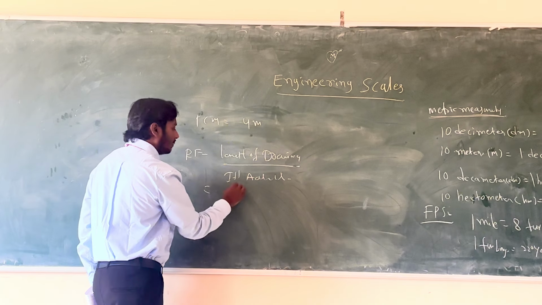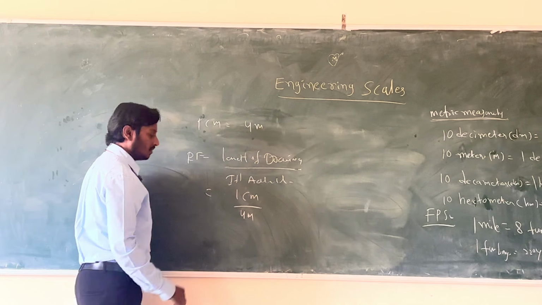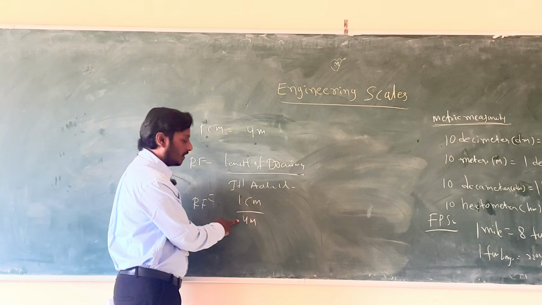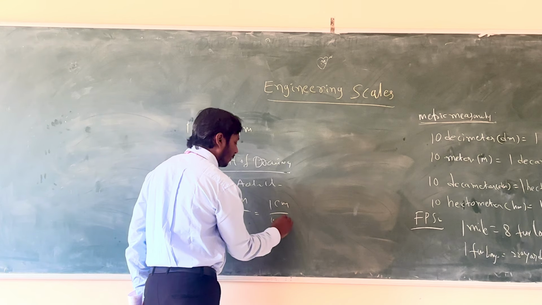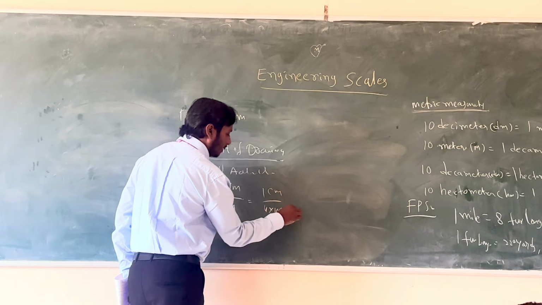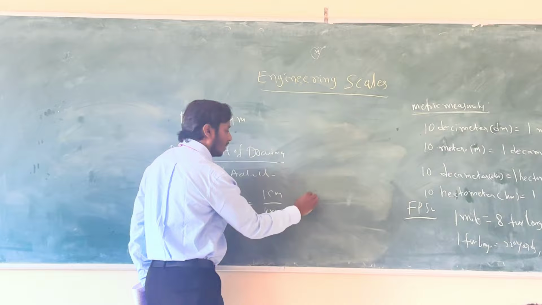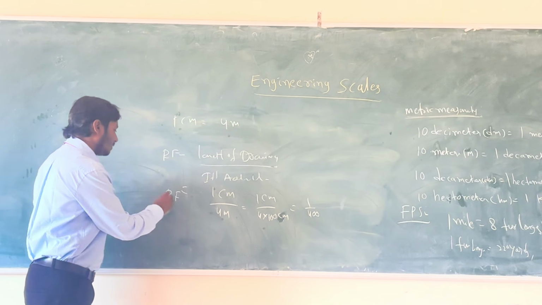RF is equal to 1 centimeter by 4 meters. Then convert meters into centimeters: 4 into 100 centimeters, since 1 meter is 100 centimeters. What is the RF here? 1 by 400. This is the RF.